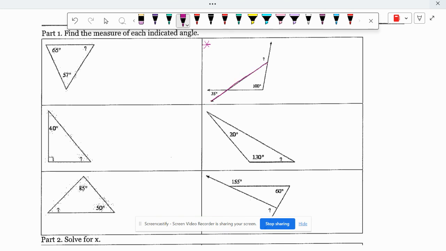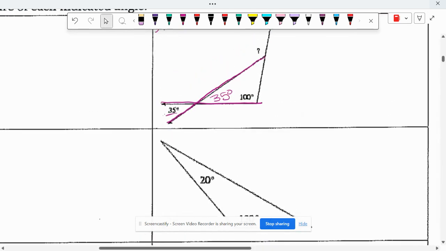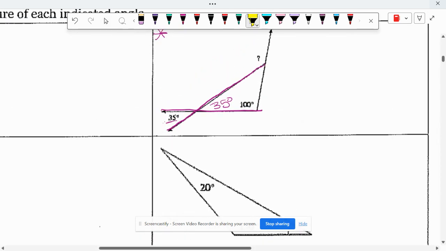This is a pair of intersecting lines, and they create vertical angles. I told you that when I have vertical angles, or two intersecting lines, the opposite angles are congruent. So if this has a measure of 35, then this has a measure of 35. Now I have a triangle right here, and I am looking for this measure.